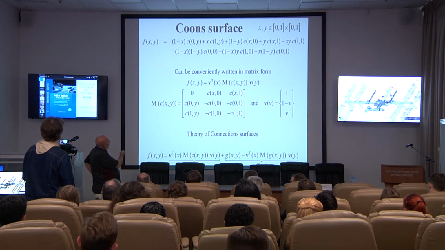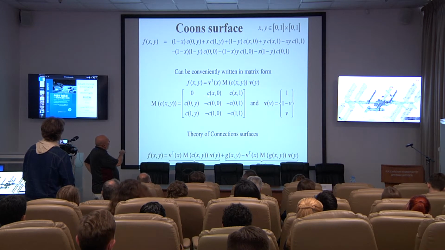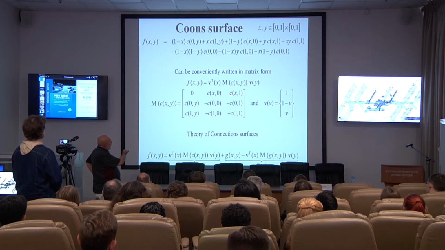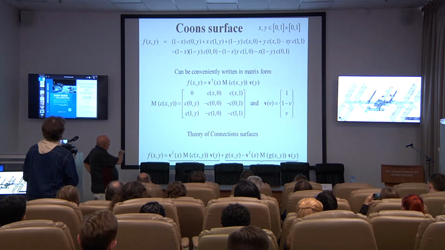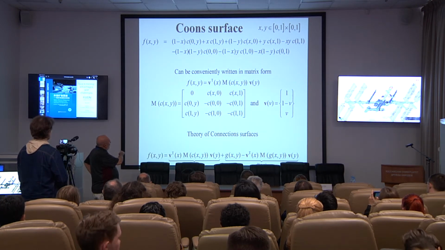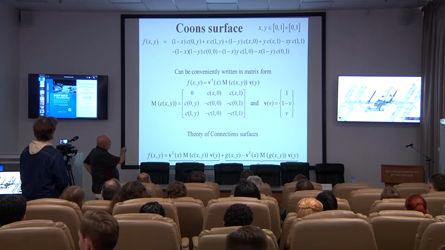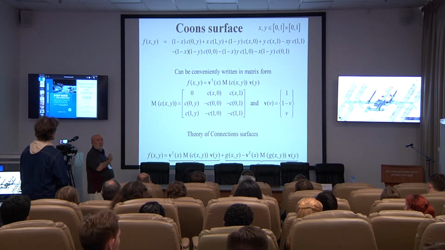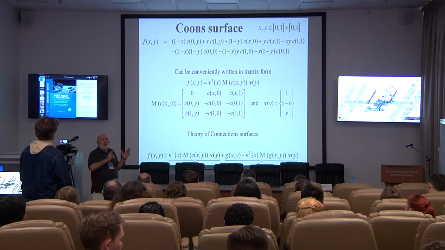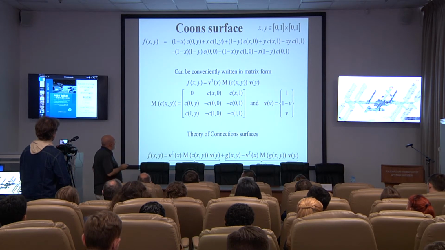If you have a domain 0, 1 by 0, 1, a boundary function at 0 and 1 in x, and a boundary function at 0 and 1 in y, Professor Coons proved that the function you obtain in this way is a unique function that always satisfies this constraint.